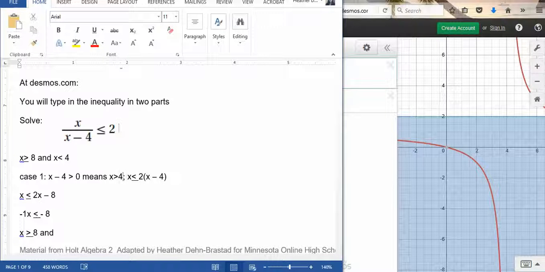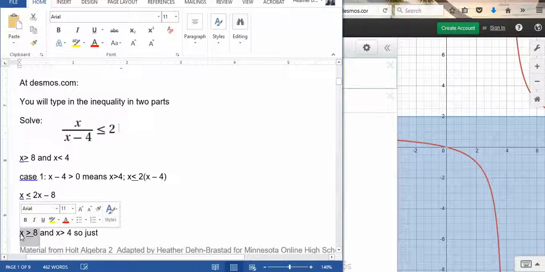If x is greater than or equal to 8, there isn't any contradiction there. X greater than or equal to 8 already takes care of x being greater than 4. It has to be both of those things. So just the x greater than or equal to 8 part would satisfy both of those parts. But I do have to check that.